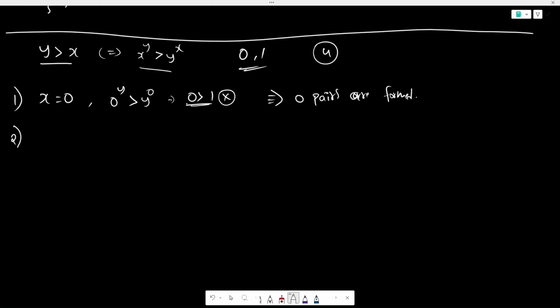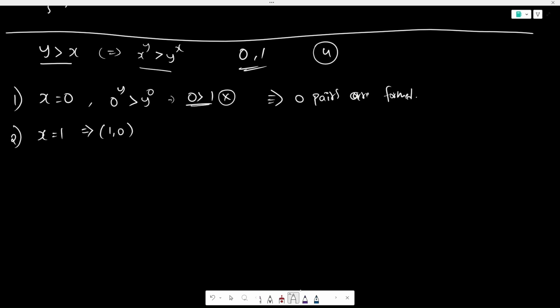After that we will see the second exception, which is x equal to 1. Whenever x equal to 1, we will be having only one pair. That one pair is only 1 comma 0. Other than this, no matter what value of y you substitute in this formula, you will not get it.